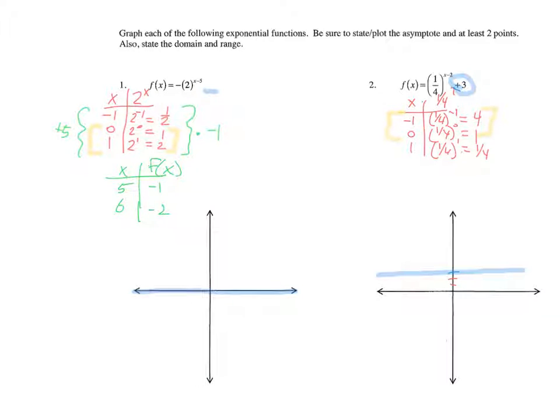So if we count out 5 points, 1, 2, 3, 4, 5, and down 1, down 2, 6. So at 5, -1, and at 6, -2, we're going to have a graph that looks something like that. And there's exponential reflected growth.